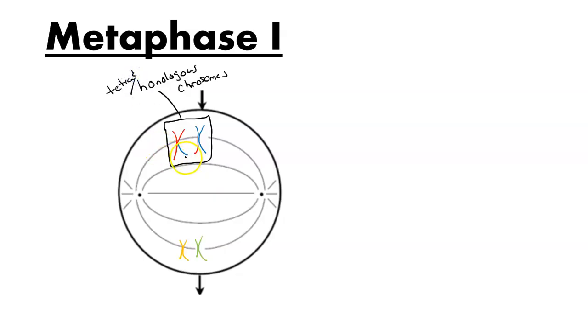All right, we've got our crossed over chromatid right there, where you've got the non-crossed over one on the other side. You still have your sister chromatids attached to those centromeres.